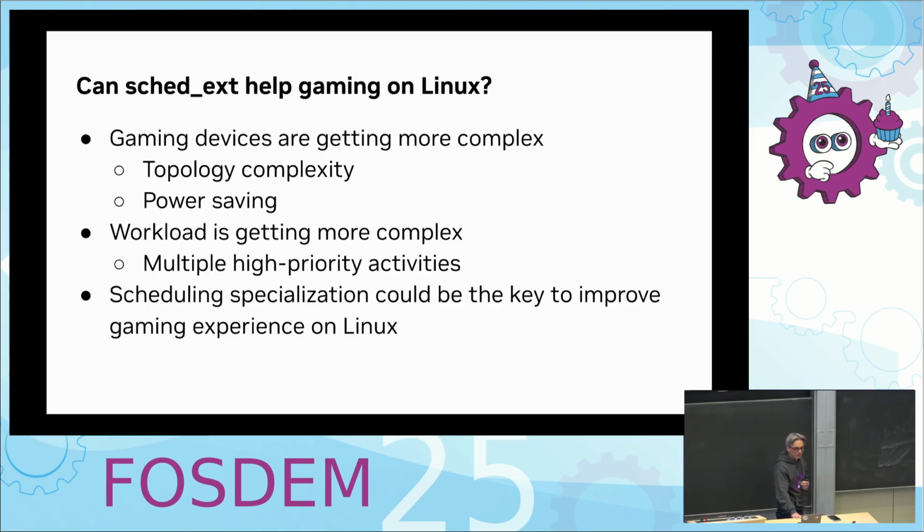There are also many other factors involved nowadays in gaming platforms, but in systems in general: topology complexity, power saving, energy efficiency, and different kinds of workloads. So being able to switch between different schedulers can be interesting. Scheduling specialization could be the key to a better gaming experience or a better experience with specific workloads.